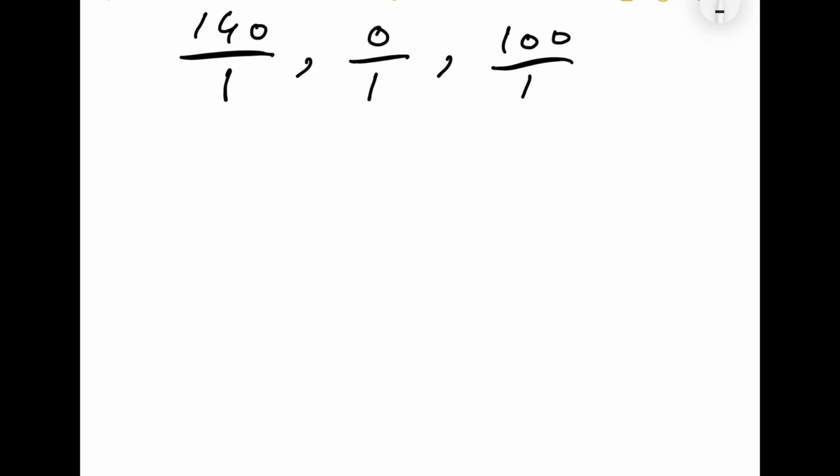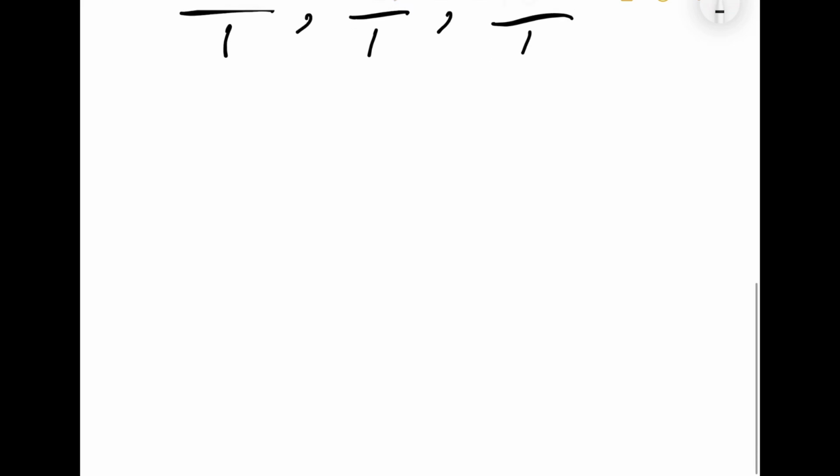Now we will first try to find how many rational numbers there are between any two numbers. So take an example like 1 and 2. How many rational numbers are there between 1 and 2? So let's see.